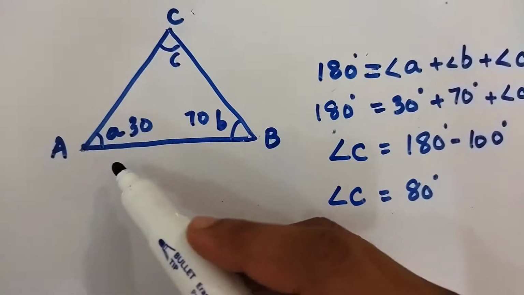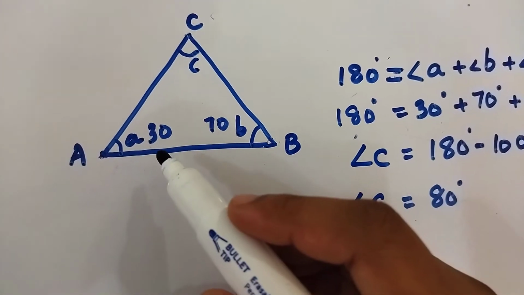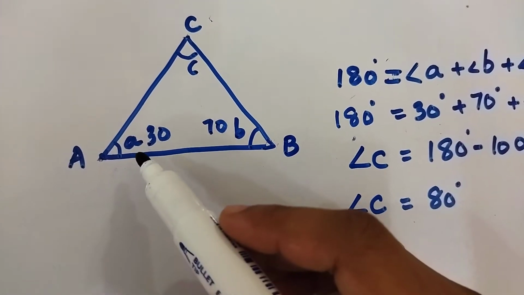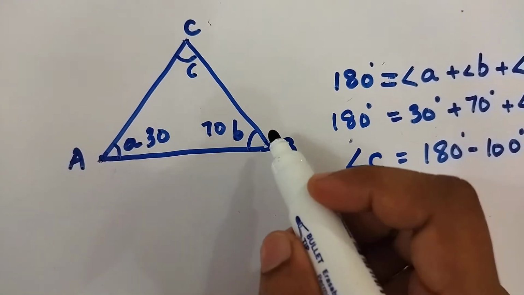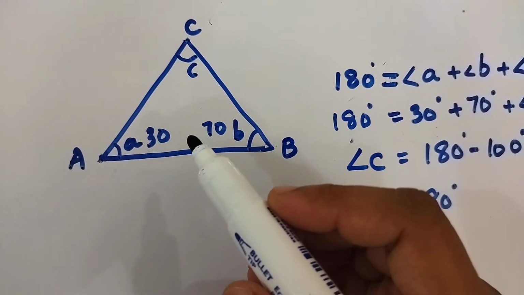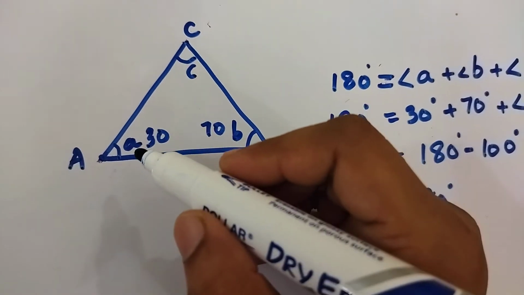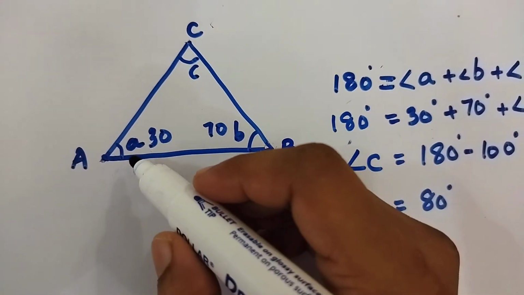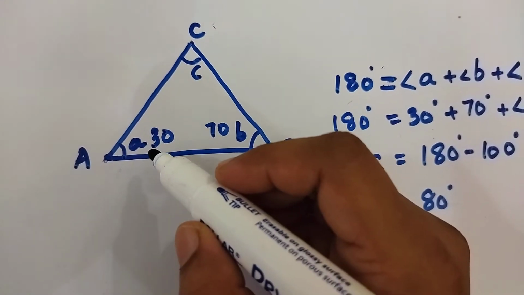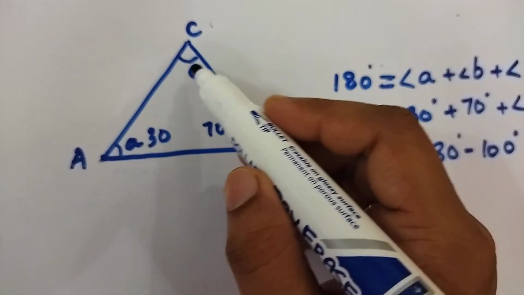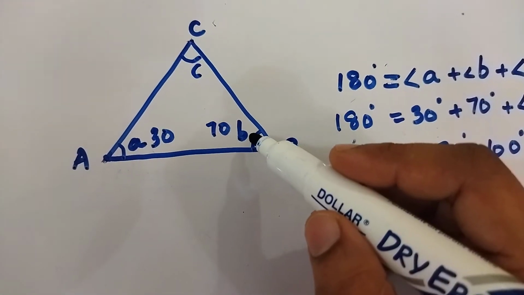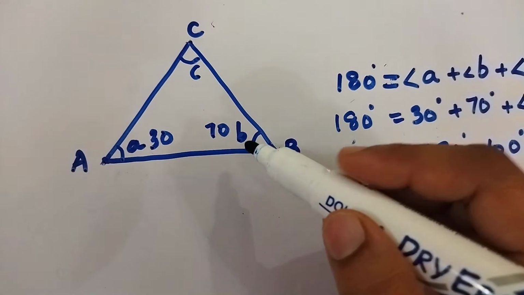I repeat, every time in a triangle, the sum of angles is 180 degrees. And which angles? These angles are interior angles. That is, inside of a triangle, the angles make a sum of 180 degrees.